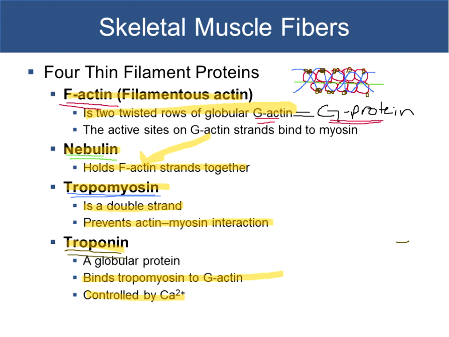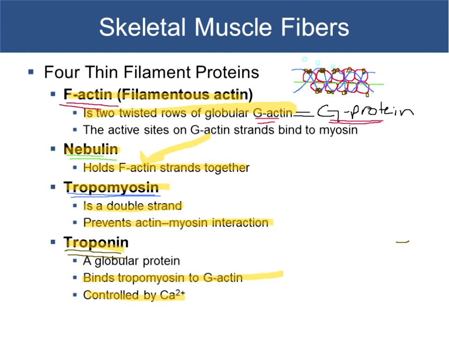And the troponin molecule is directly responsible for, it's moved and controlled by calcium. So when calcium binds, and we'll make calcium like an aqua color, when calcium molecules bind with troponin, then it will cause it to roll off of the active site of the G protein, and it exposes it so that the myosin head can directly attach to it.